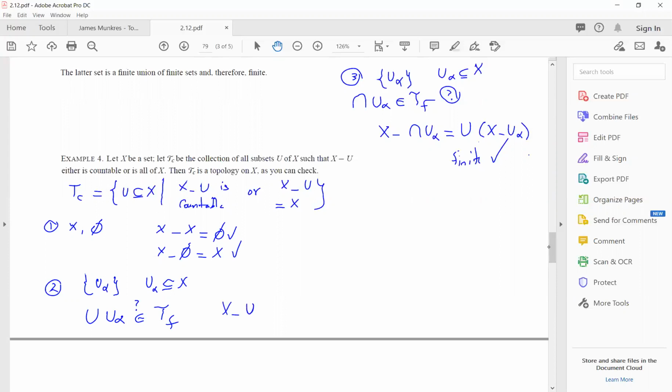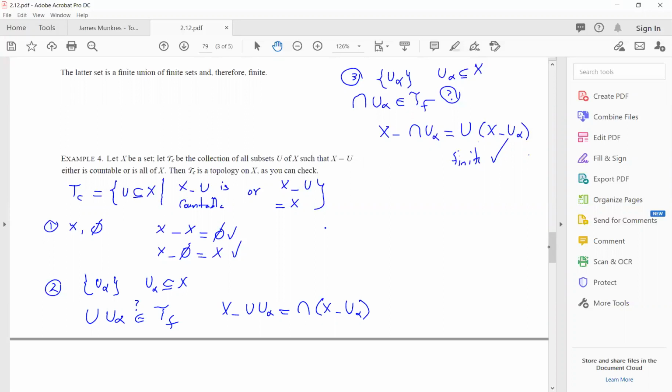X minus the union of U sub alpha is equal to the intersection of X minus U sub alpha. Again, if X minus U sub alpha is equal to X, U sub alpha is just the empty set, and X minus empty set is X, so the intersection is nothing but X itself.